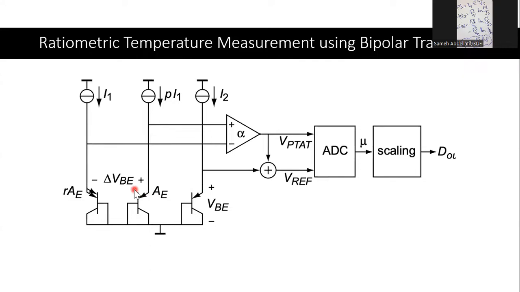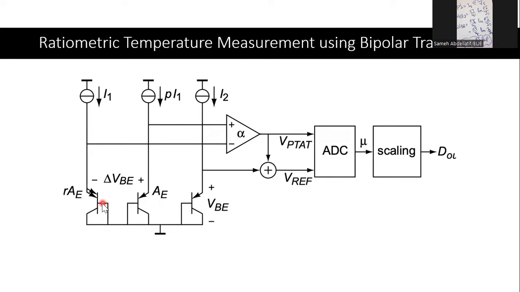And herein also, we have our two current sources with still a P ratio, called P to indicate the difference between them. And a very, very important parameter here, which is called R. This A represents the area of the emitter, but this R represents the ratio parameter. We introduce this R to consider the mismatching factor between these two transistors.